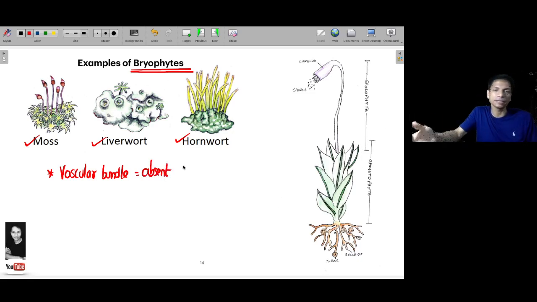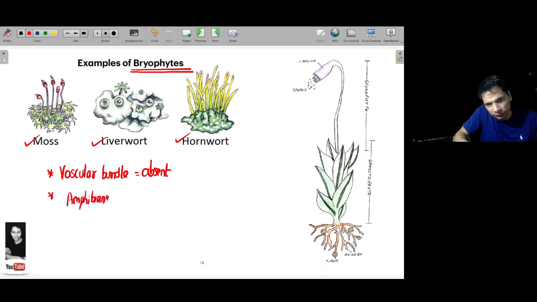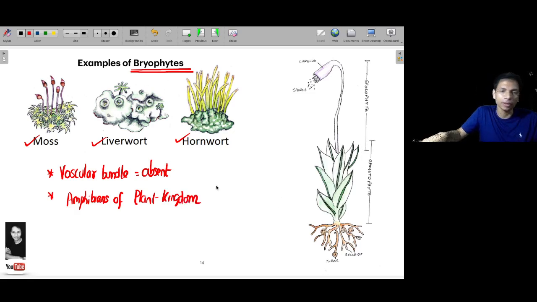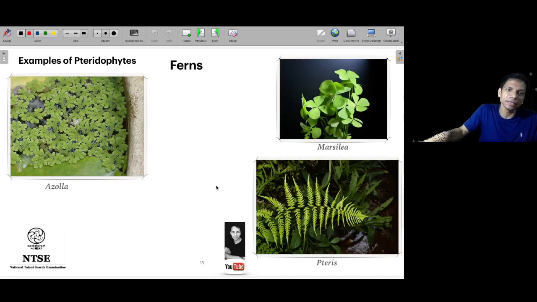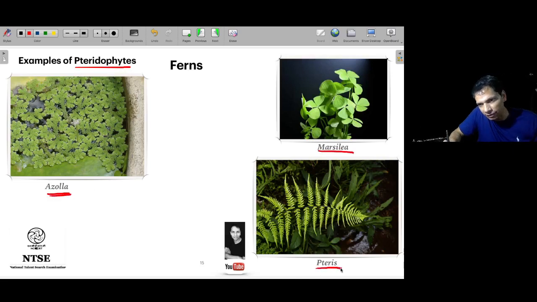The vascular bundle is present from the pteridophytes, okay. When you look at the pteridophytes, ferns are basically the examples of pteridophytes. We have azolla, we have marsilea, and we have pteris.